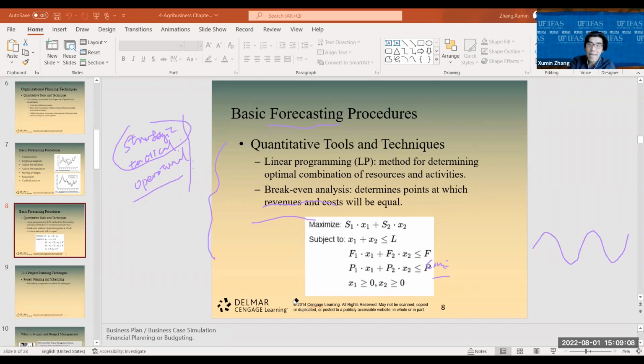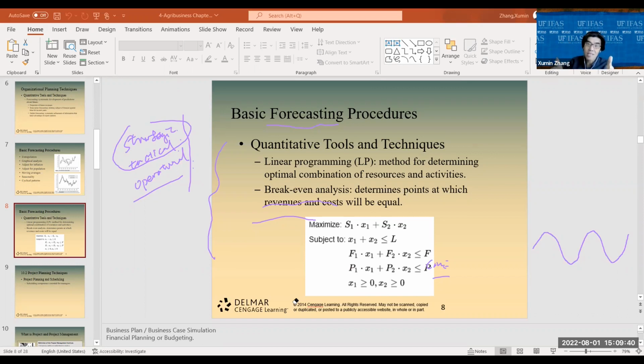Break-even means that we can calculate our costs, our operational costs, our other expenses, right? And then we assume our target is break-even, zero profit. This is the first step.